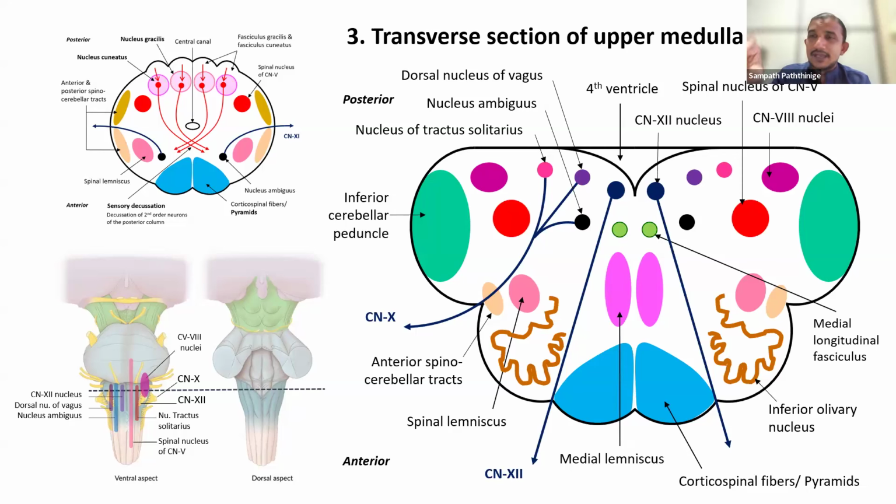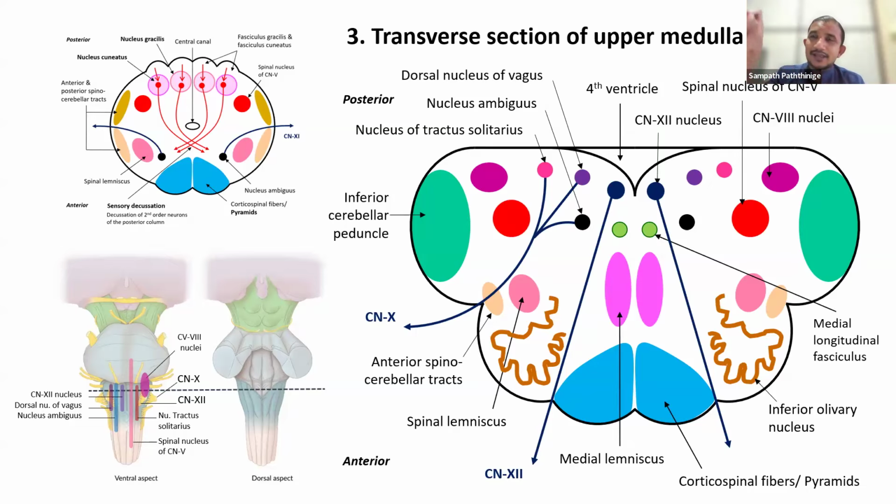So this medial longitudinal fasciculus connects the vestibulocochlear nerve nucleus to those nuclei, as well as connects it to the accessory nerve, right? Because the movements of the head and neck are largely done by the sternocleidomastoid and the trapezius.